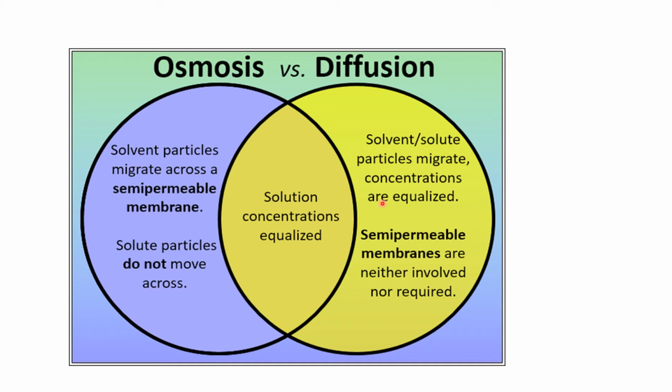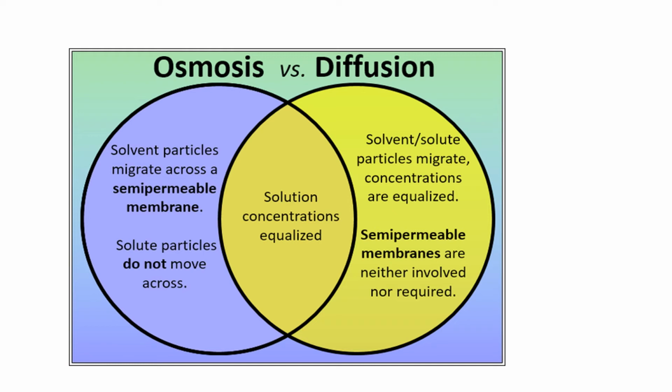Suppose we are talking about the cell. Inside the cell the carbon dioxide is in high concentration and it is a waste there. So it will move from its higher concentration to the lower concentration, from inside the cell to outside the cell.